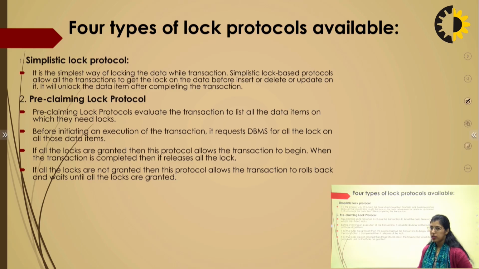If all locks are granted, then this protocol allows the transaction to begin. Otherwise, when the transaction is complete, it releases all the locks. But if all the locks are not granted, then this protocol makes the transaction roll back and wait until all the locks are granted.